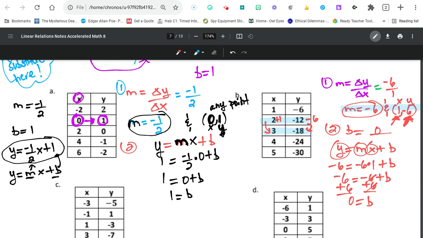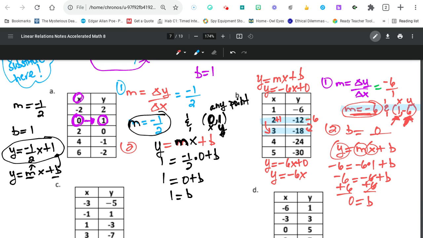So my equation would be, in the form y equals mx plus b, y equals m. What is m? M is negative 6. It's negative 6x plus 0. But a lot of times we don't write the plus 0 if the y-intercept is 0. So instead of writing y equals negative 6x plus 0, we just simply write y equals negative 6x.